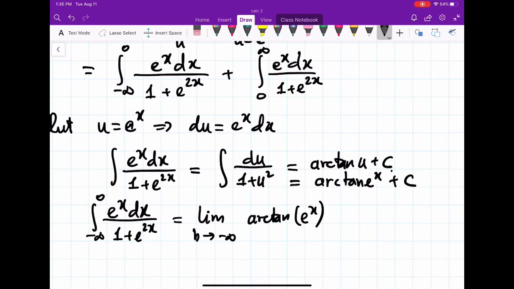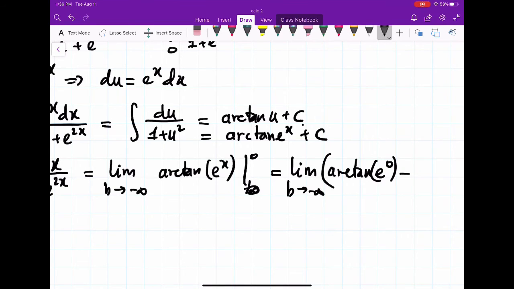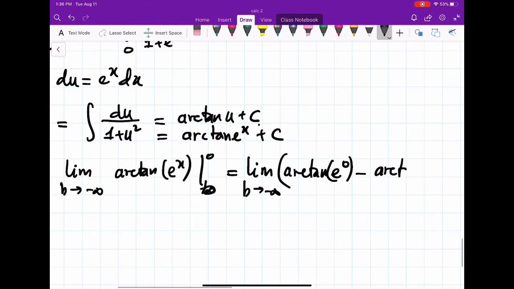Evaluated from b to 0, that is the limit of arctangent of e to 0 minus arctangent of e to b.